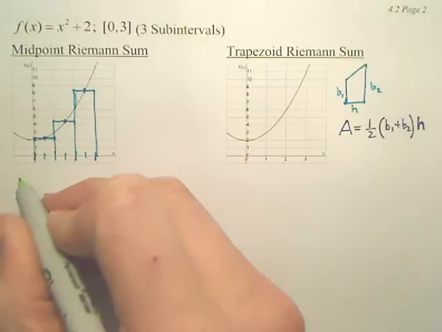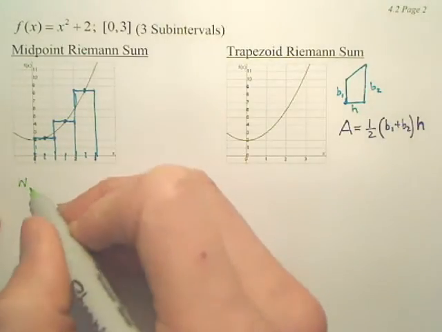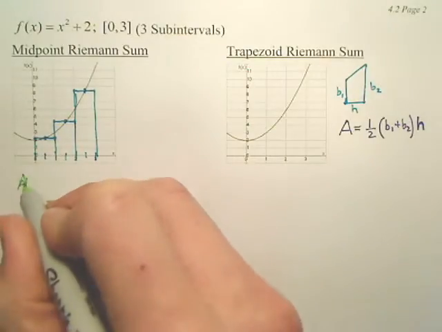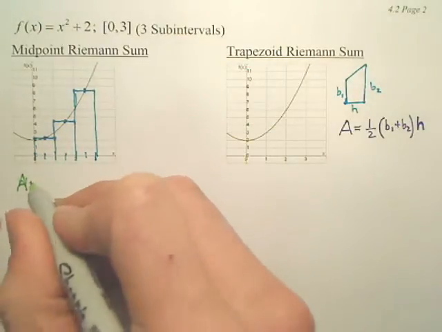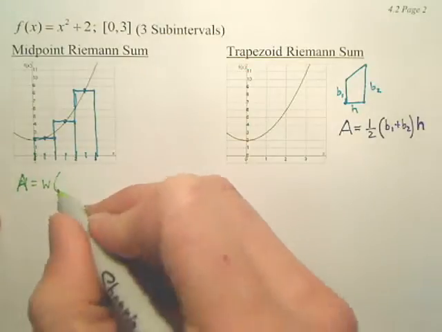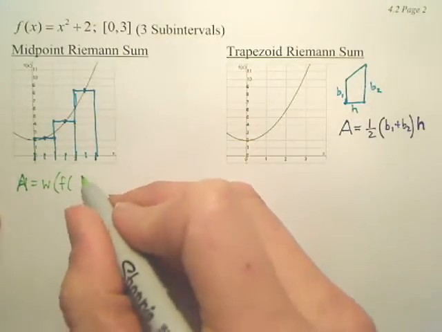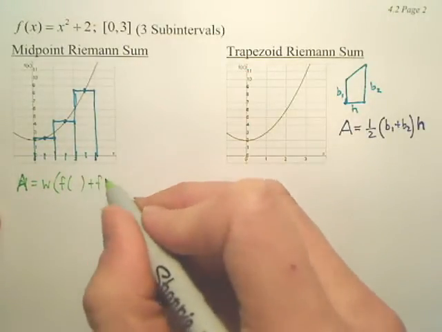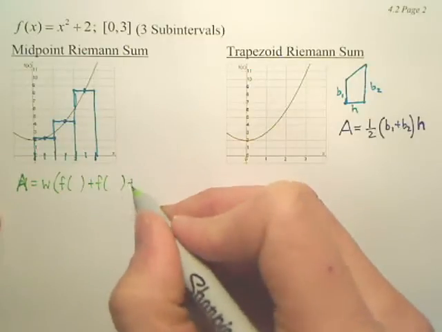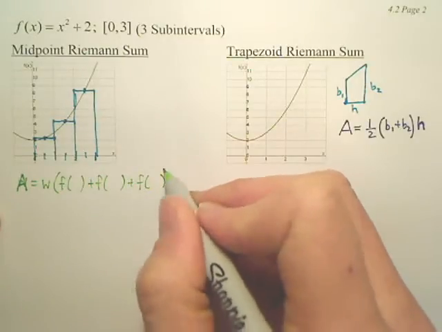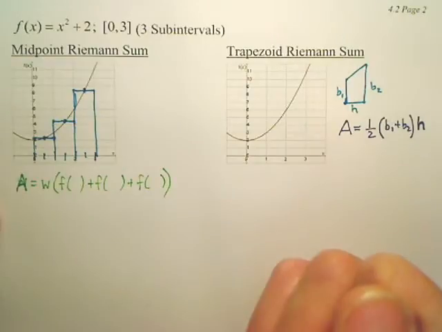So the formula for the area under the curve is equal to the width times f of something plus f of something plus f of something. Are we okay with that?